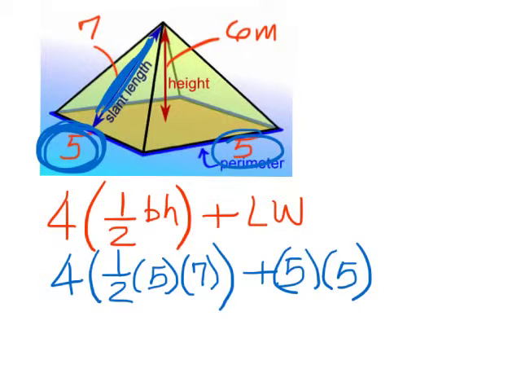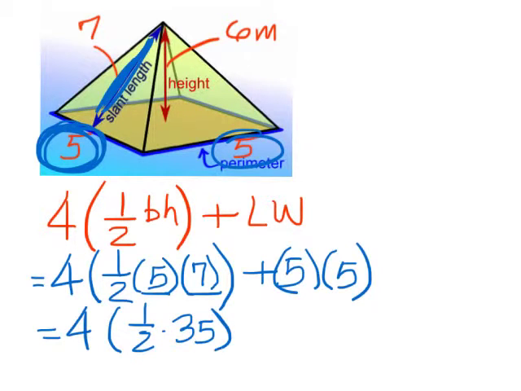And then from there, you can simplify. Inside the parentheses, we'll have 5 times 7. And you can do all this in a calculator, but it's 5 times 7, which is 35, and then we would need 1/2 of that, and then plus 25 on the end. 1/2 of 35 is 17.5.